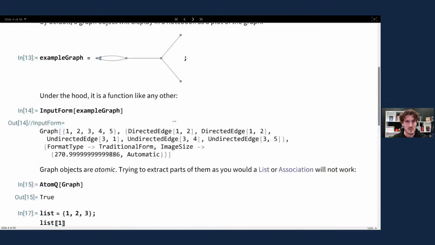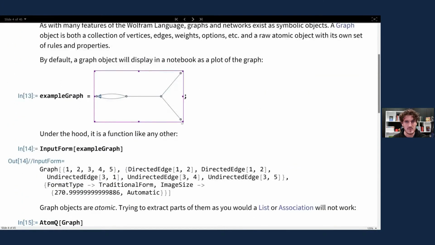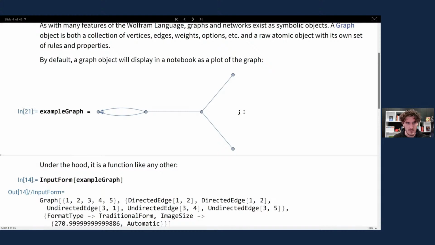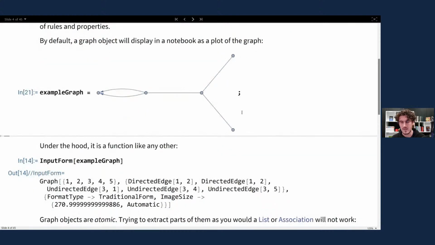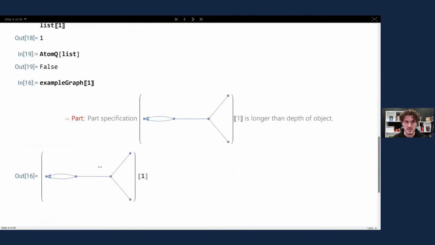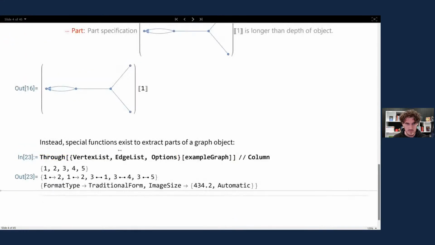I want to show you a little bit of how everything is communicating with one another. If I resize this and run it again, I have now redefined this example graph. Let's look at the input form. You can see that the image size has changed, and the same here, so this information is propagated through.